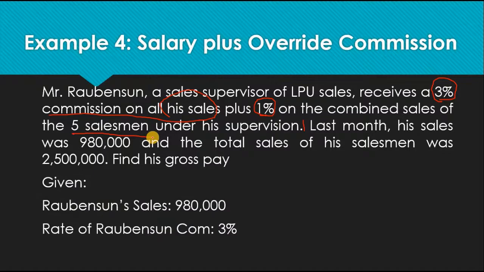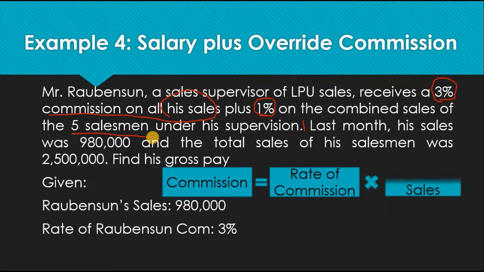Let's identify the given here. Robinson's sales is $980,000 and the rate of Robinson's commission is 3%. In short, in solving salary plus override commission, you have to solve 2 different commission amounts. Going back, commission is equal to rate of commission multiplied by the total sales.